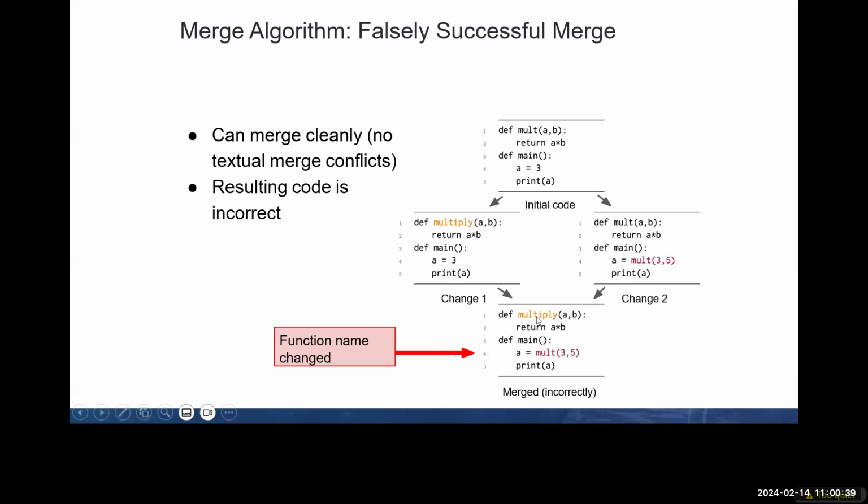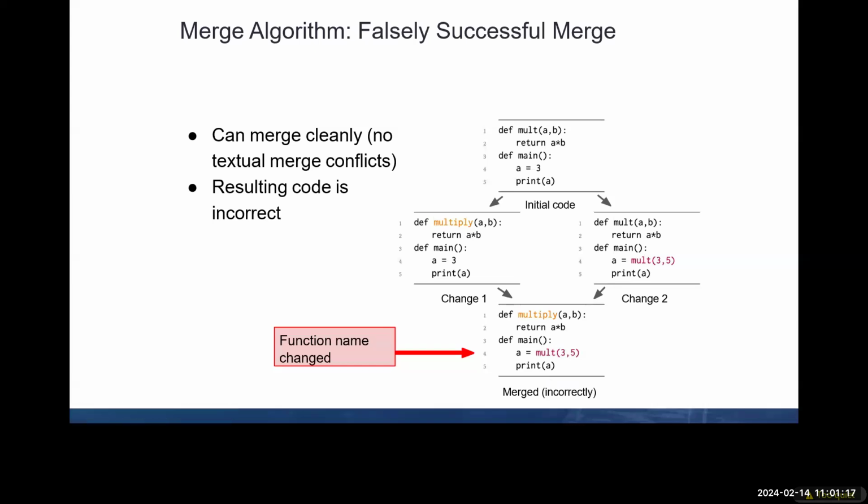This will change multiply, the thing that is changed here, and also it will take the updates from user 2. So here it is merged incorrectly because user 1 wants to keep the value of a as 3, and user 2 changes the value of a to the call of this function mult, with the value of a as 3 and the value of b as 5.